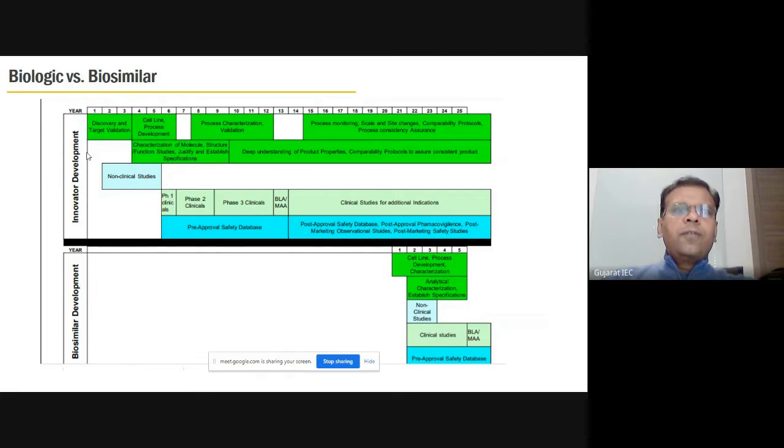This sort of summarizes the innovator development. I would say any company just starting off with developing a biologic needs to start from scratch.